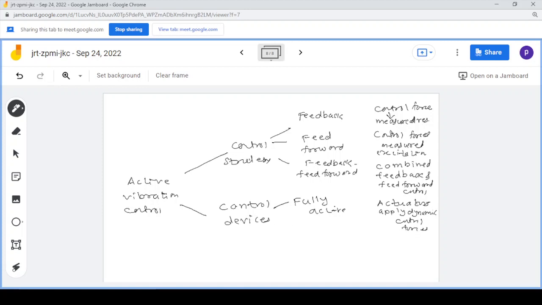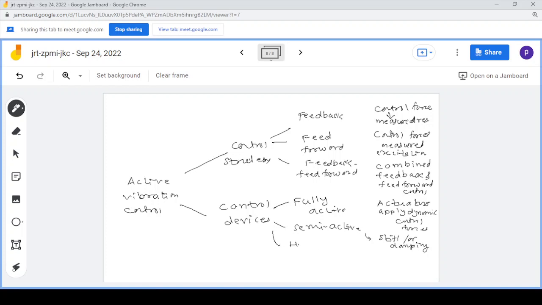The second is semi-active, which involves stiffness and or damping properties of passive vibration control devices being changed to adjust internal dynamic forces.